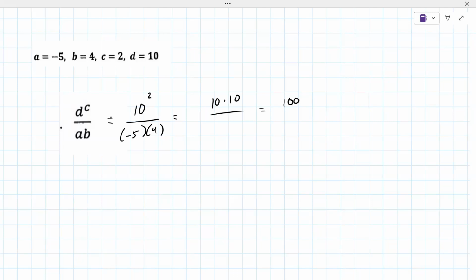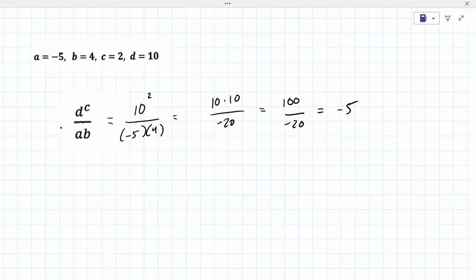Would it be, wait, never mind. You're dividing by -20? It would be -5. Yes, very good. All right, fantastic.